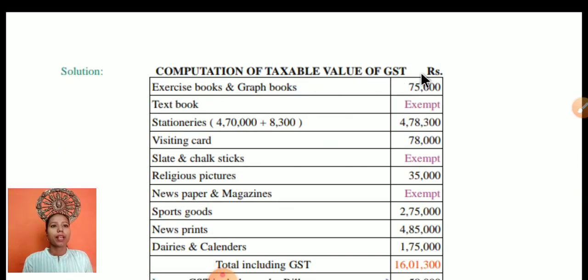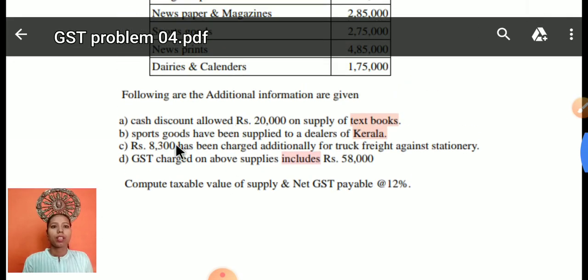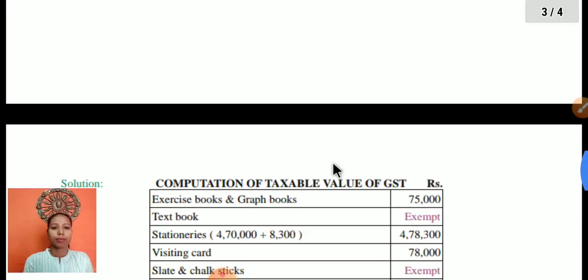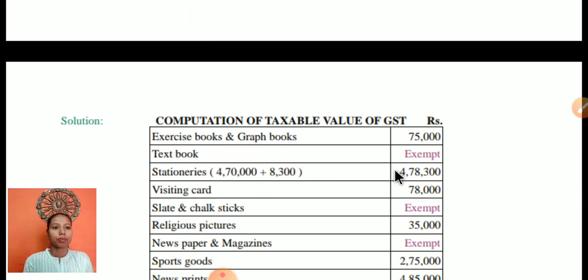Computation of taxable value of GST: exercise books and graph books are taken. Textbooks are exempted. Stationery, which has an adjustment, 8,300 additional for the freight, is taken here. 4,70,000 plus 8,300, that is 4,78,300.